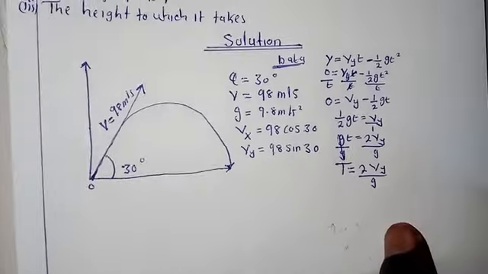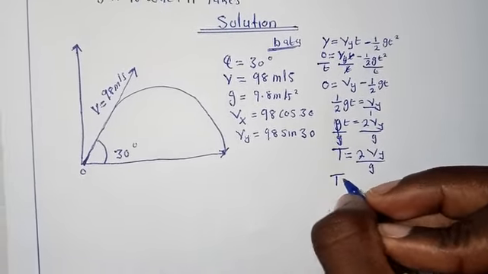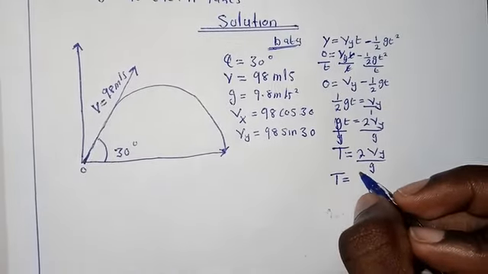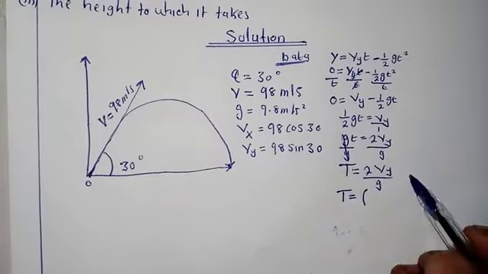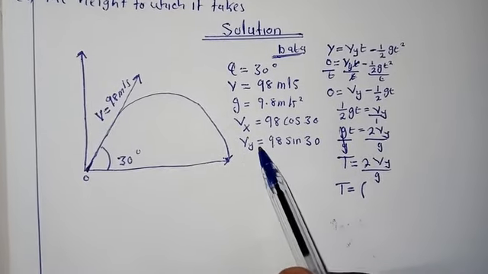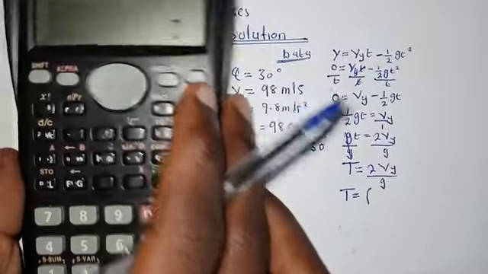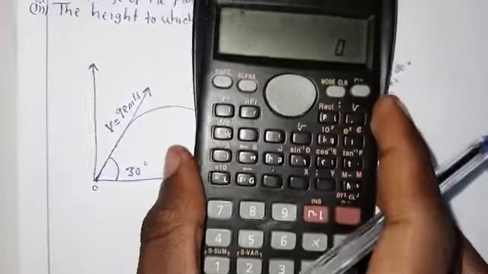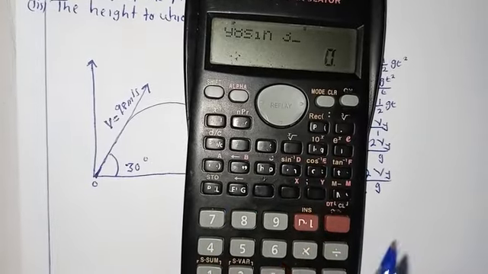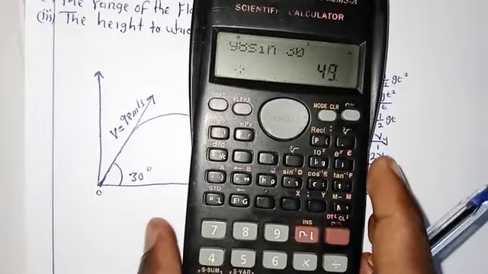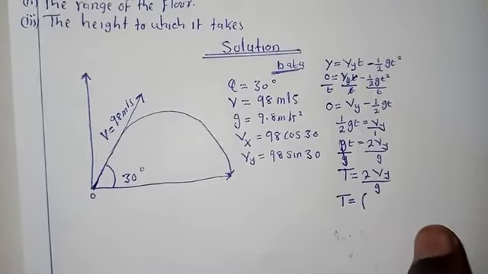So now, when you reach at this stage, you say t is equal to... now we know that vy is just the same as this vy here, so we can find this one. To find this one, we're going to say that this is going to be 98 sine 30 degrees. So this is going to be 49. Okay?